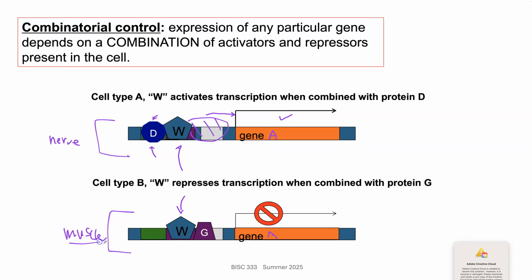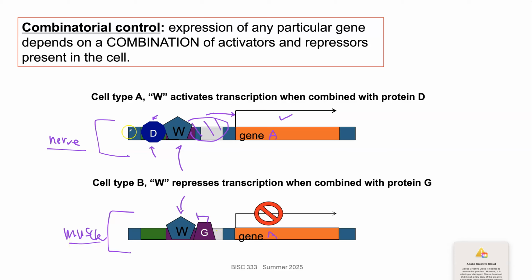However, in another cell type like muscle, the D protein is not being expressed, but the G protein is, and G is what we call a repressor. This is the symbol for repression. And so the repressor protein is preventing expression of gene A. Why? Because it's required for the function of nerves, and in the muscle tissue itself, it's not needed, so it's kept off.